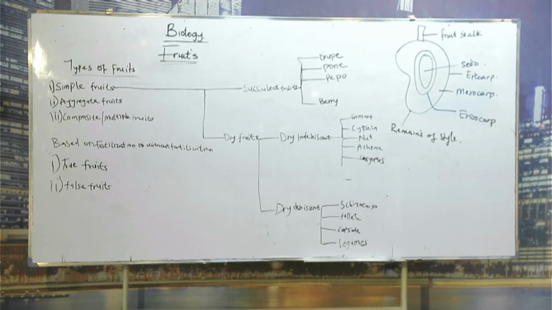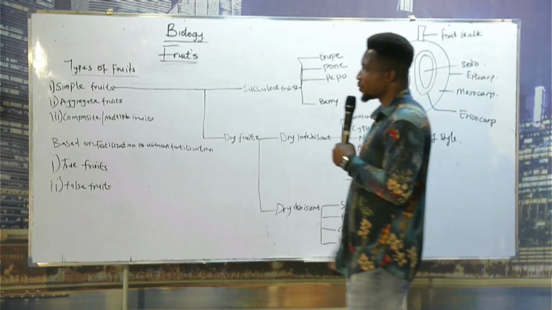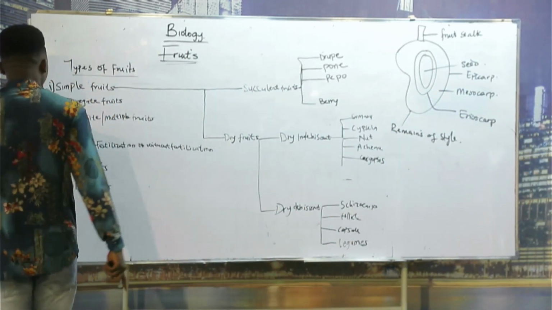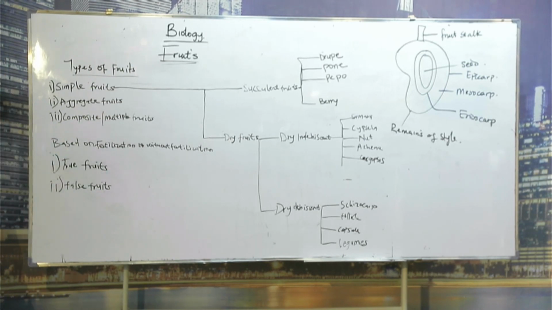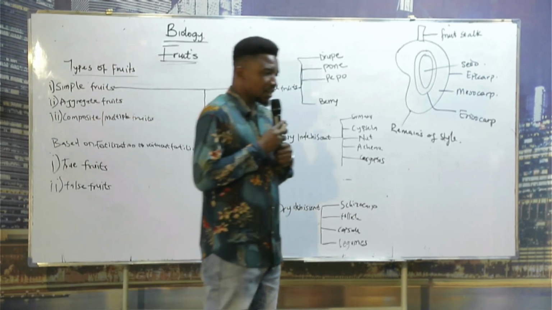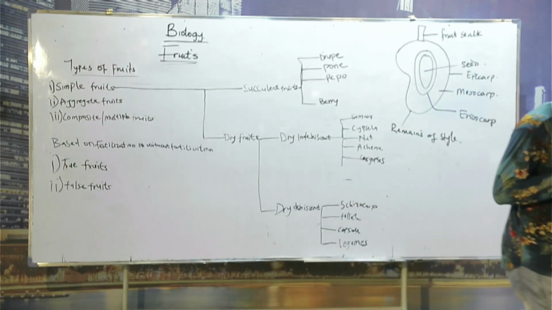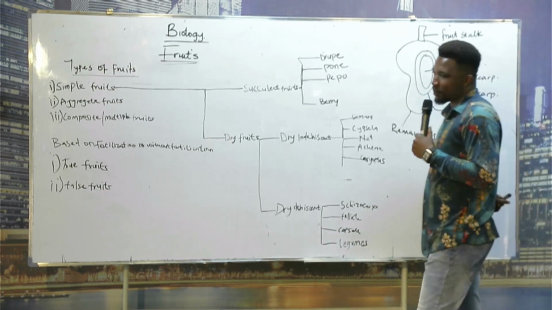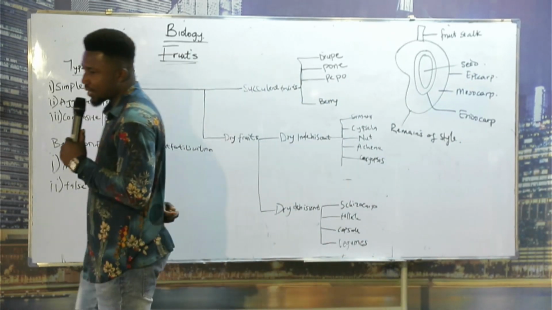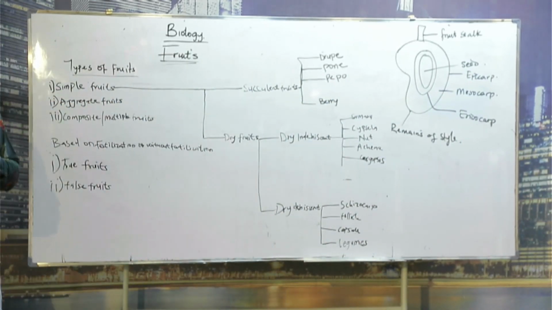Then we still give the examples of each fruit. So, what is a simple fruit? It is a type of fruit that is formed from a monocarpous or syncarpous flower.